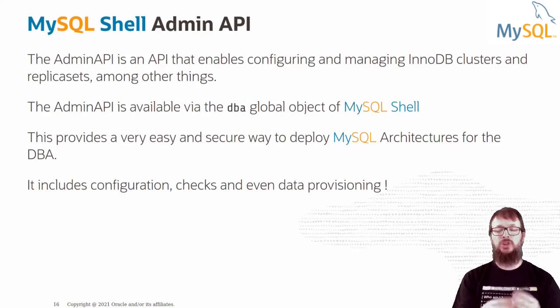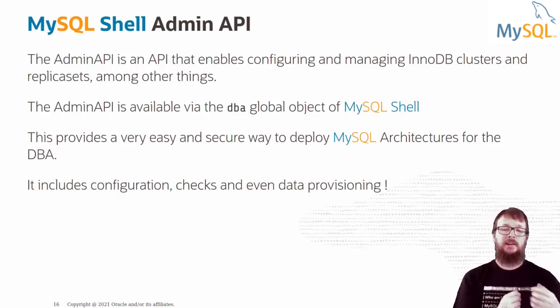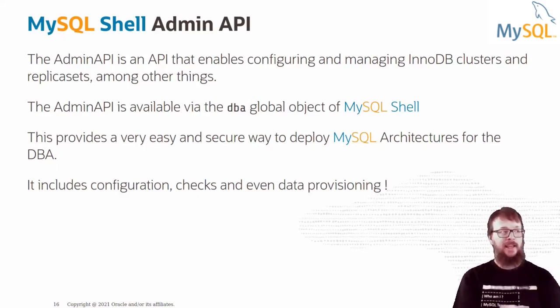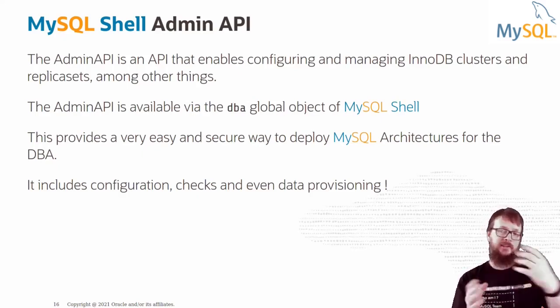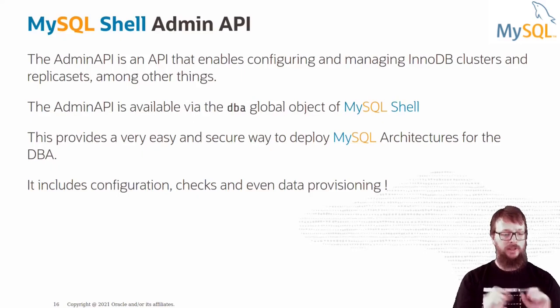It also does checks. For example, is this data on this machine compatible with the data that is in a cluster if you want to join that cluster and stuff like that. And it also does automatic data provisioning for you. So meaning you have a machine, you want to add it in a replication stream. Is it possible? Yes, even if it's a machine that you just installed from scratch without data, it's all possible within the shell.